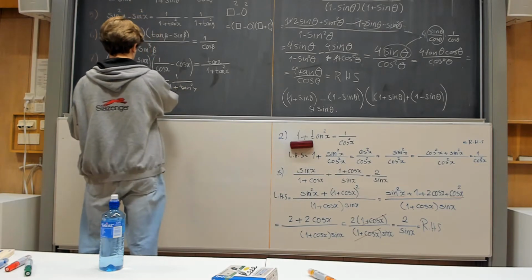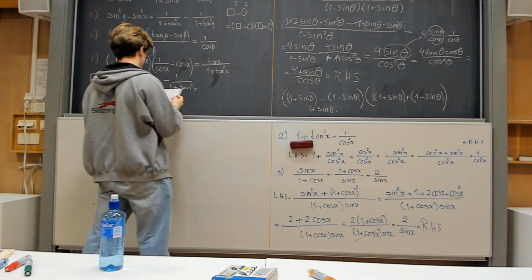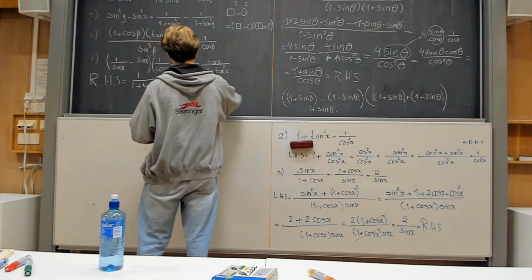And then instead of tan squared x, I wrote sin squared of x divided by cos squared x.